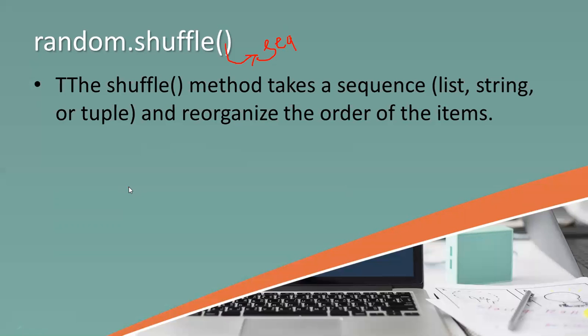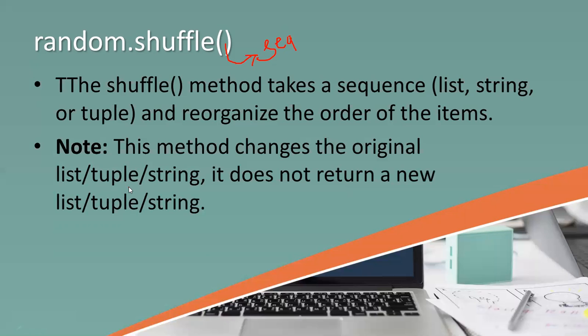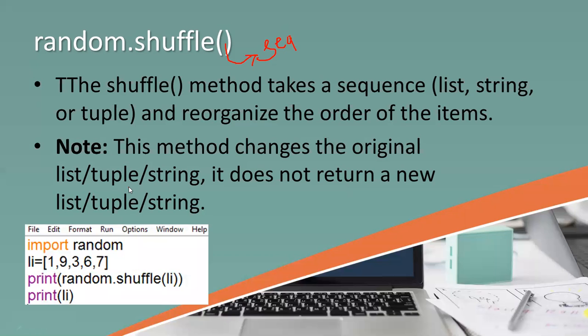The shuffle method takes a sequence, list, string, or tuple and reorganizes the order of the items. It does not return any value. Not returning any value means by default it is returning None, and it changes the original order of the list. So in this example, for the first print, we have passed the list as the argument inside the shuffle function, but we are trying to print this function.